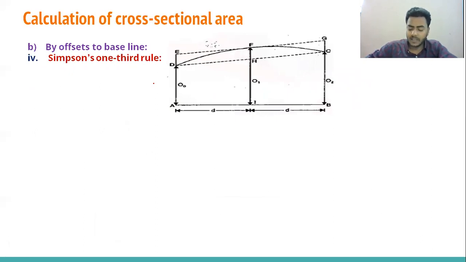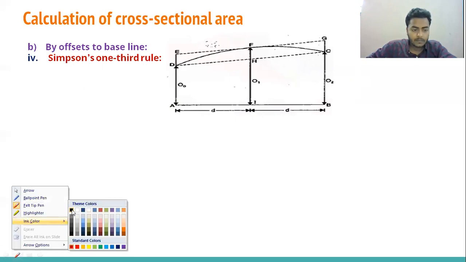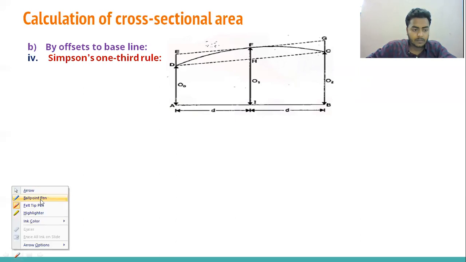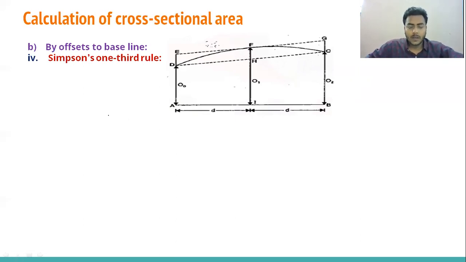Simpson's 1/3 rule. This is very important, I would say. You can see in this figure. There is one assumption that the short length between these ordinates, like between O0, O1, O2, is parabolic.